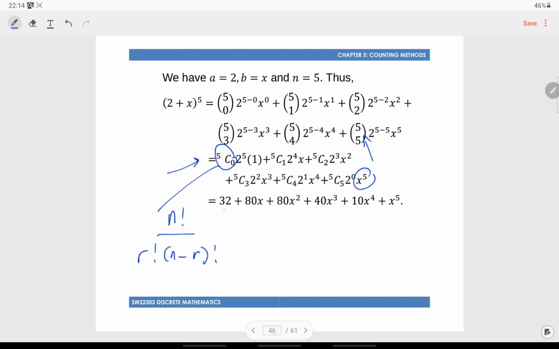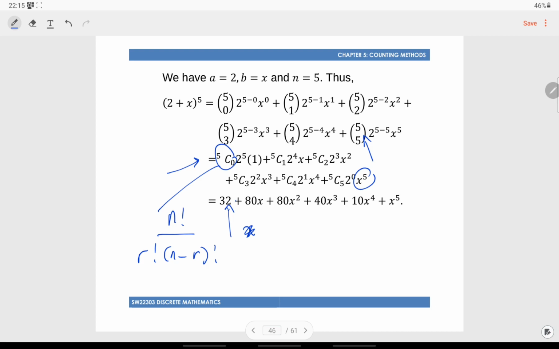So we can compute the value, and then we multiply with 2 to the power of 5, so we have the value equal to 32. There is no power for x, so there is no element x in here. There's no x, so we have 32 only.